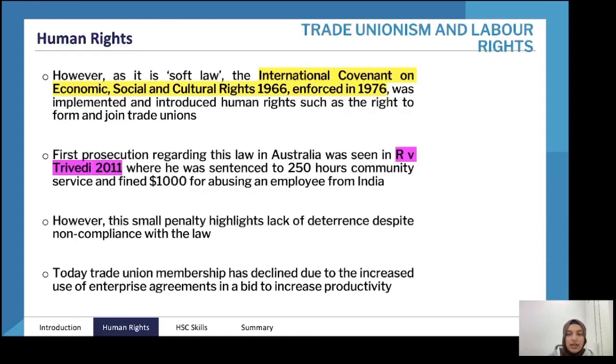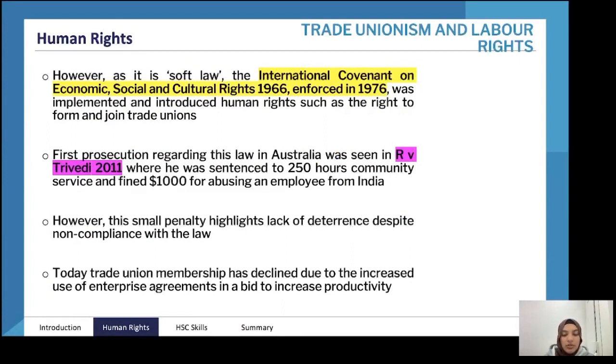So you can see the difference between soft law and when it becomes hard law, how it changes, because then it becomes legally enforceable. Whereas soft law, even if it's broken, there's really not much that you can do. However, the small penalty highlights a lack of deterrence despite the non-compliance with the law.